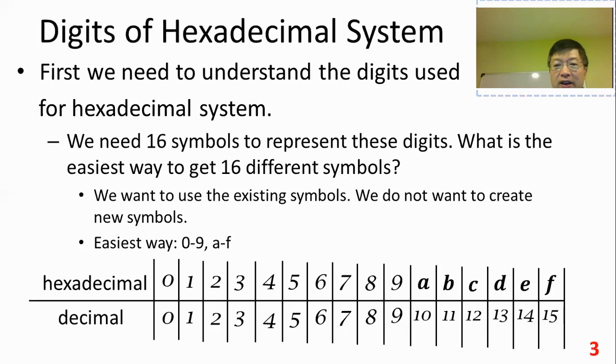If you go one more, we need 2 digits for the hexadecimal number. So for a 1-digit hexadecimal number, we have these 16 different digits. That's all we need. So we can move to the next step. We want to use them to represent hexadecimal numbers.